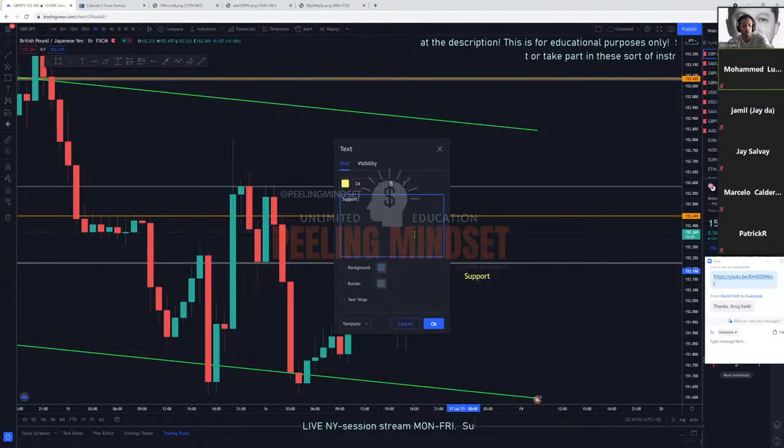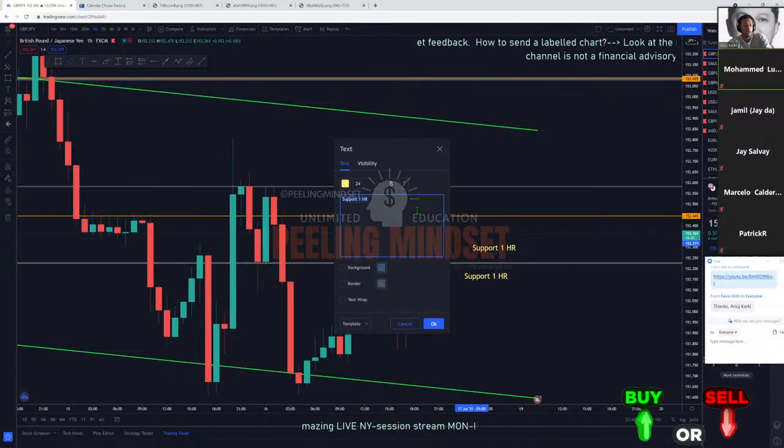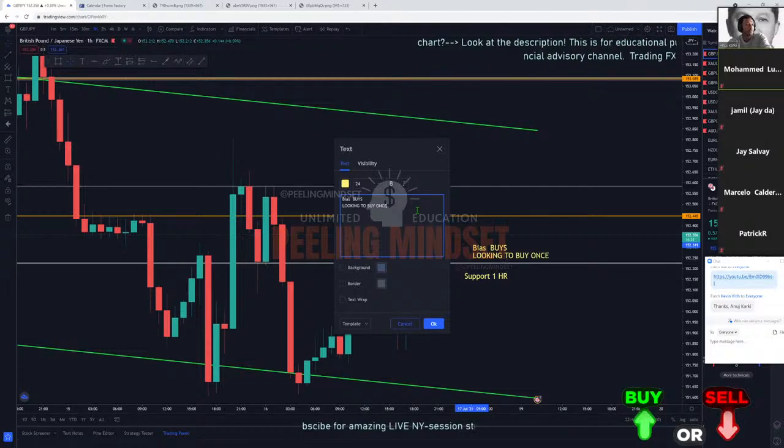What support is this? This is 1 hour support, right? So you say 1 hour support. And you say you're looking for a buy. Your bias is buys, and you say looking to buy once the hourly candle closes or something.